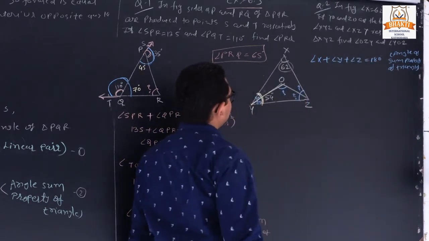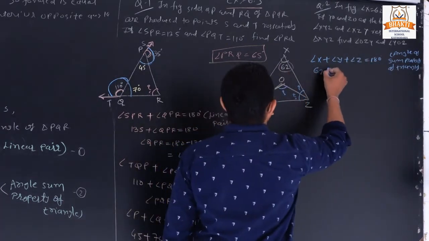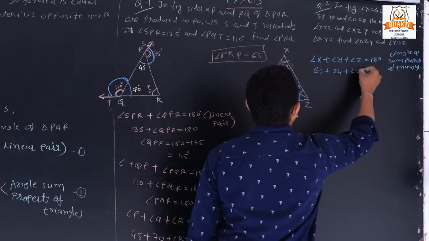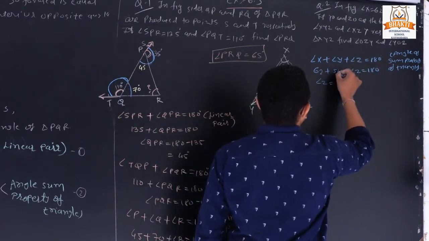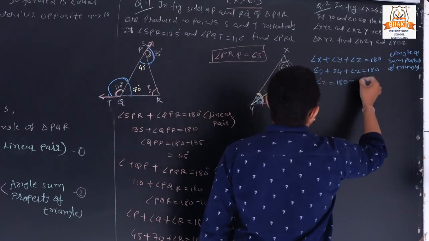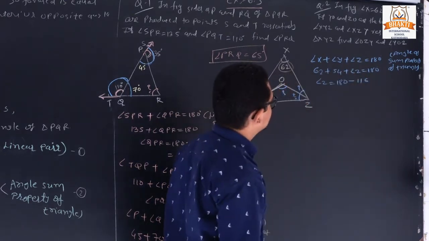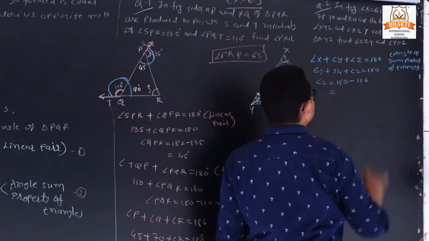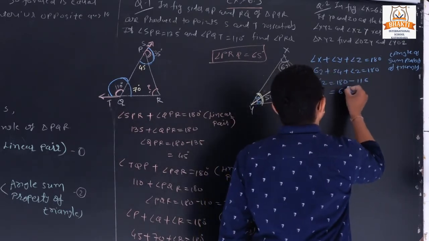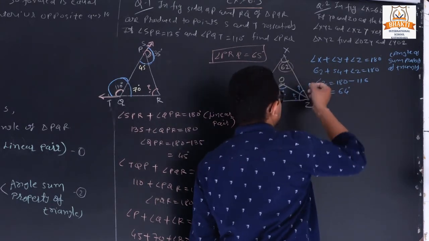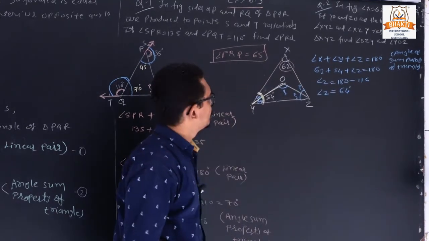Out of 3 we have 2 angles, 62 plus 54 plus Z is equal to 180. So Z is equal to 180 minus the sum of these both, 62 and 54, 116. Now 180 minus 116, it is 64. So angle Z is equal to 64.